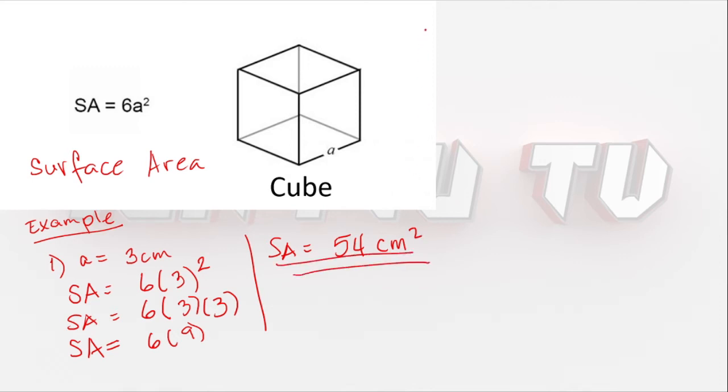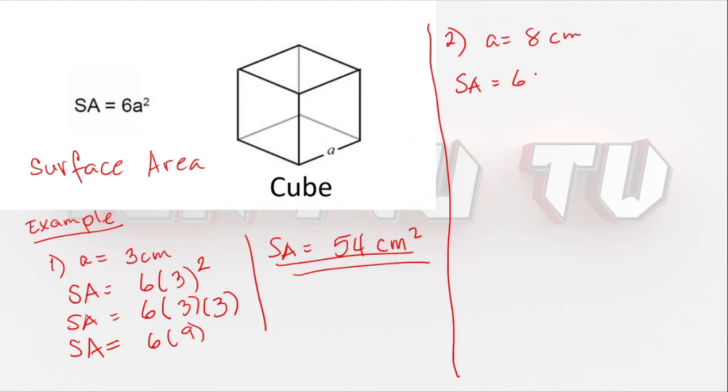Okay. Another example, number 2. Let's say A is equal to 8 centimeter. So SA equals 6 times 8 power of 2. So SA equals 6 times 8 times 8.